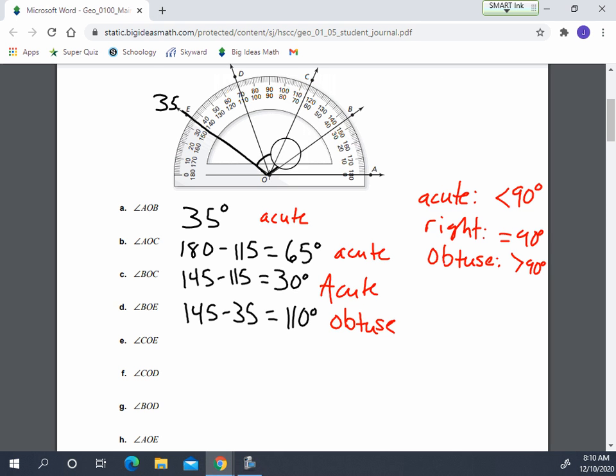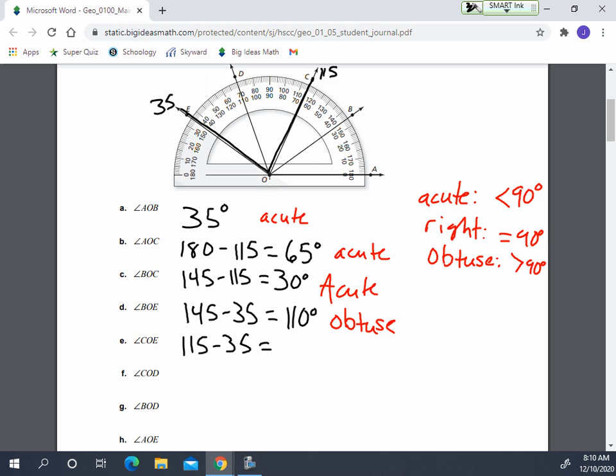Next one, COE. So start at C, go to O, go to E. And again, sticking with the same math, this is at 115. This is at 35. So 115 minus 35 is equal to, what is that, 70, 85? 80 degrees, right?